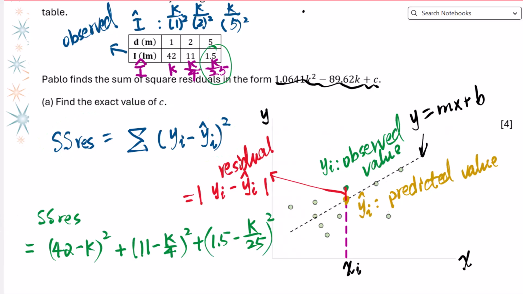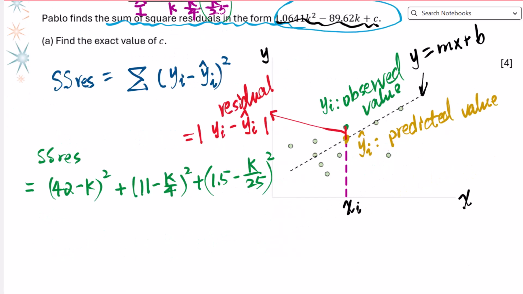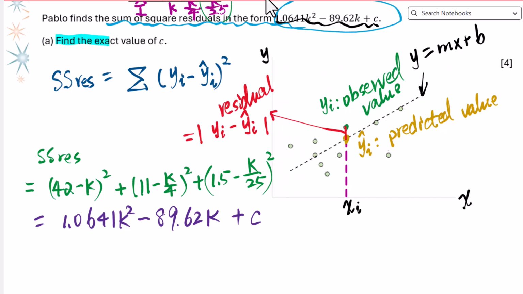We are given that the sum of square residuals is this. In other words, this equals 1.0641 k squared minus 89.62 k plus c. We are looking for the exact value of c.